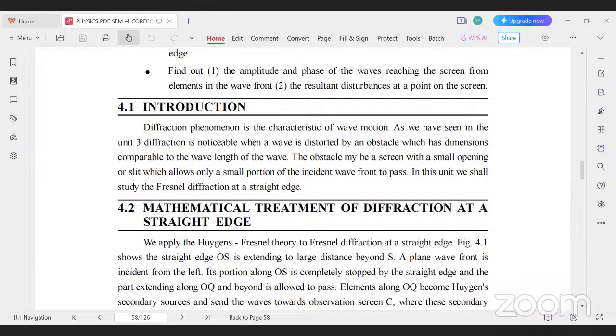So now we want to find out Fresnel diffraction at a straight edge. We need to find out what is happening at the straight edges. So here we are going directly to the mathematical treatment of diffraction at a straight edge.